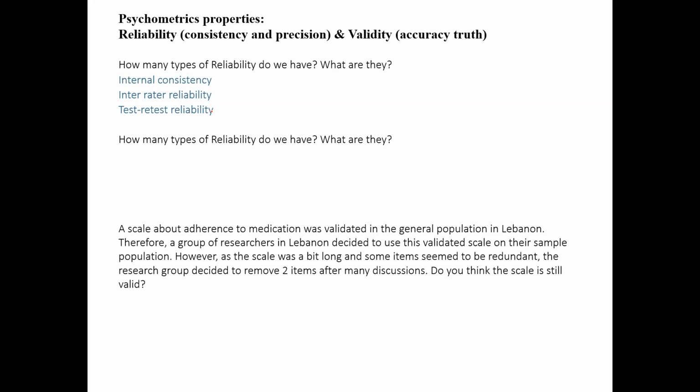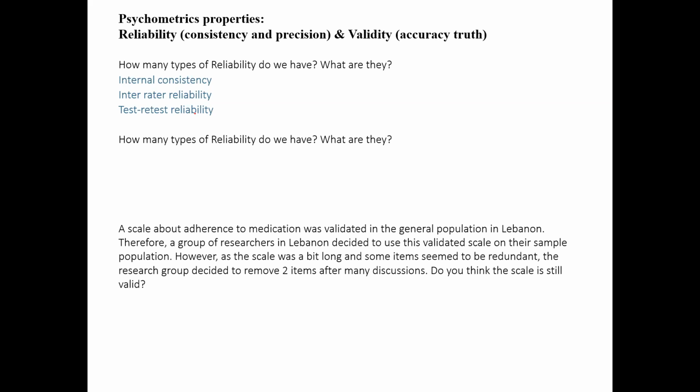So if I want to use retest reliability, I have to measure constructs that are constant in time. Because if the construct from the beginning is not constant in time, of course they're going to change. So for example, self-esteem is not a state, it's a trait, it's something that is constant.